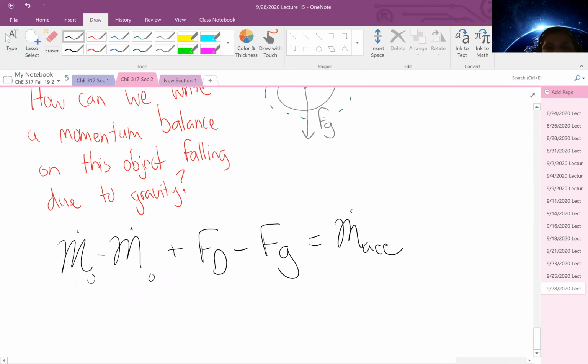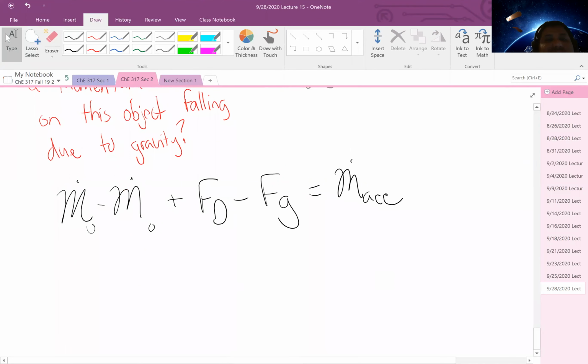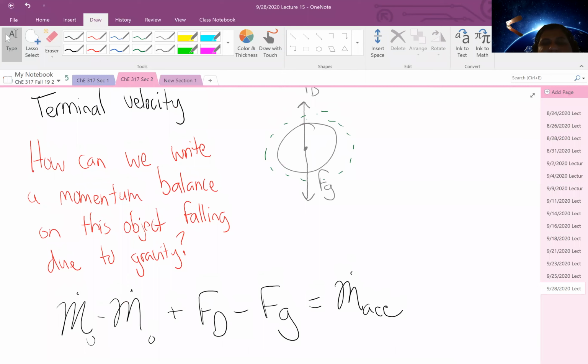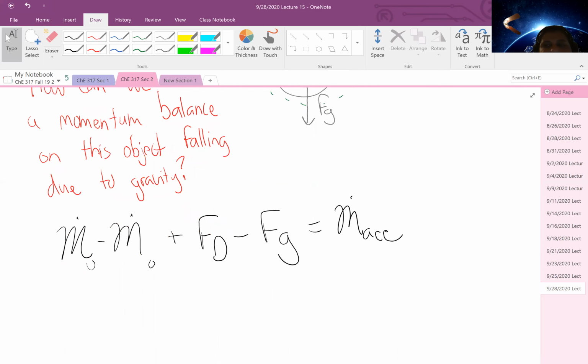All right, I like that. So which of these terms can we neglect, assuming this system is our object? There's no momentum accumulating. You are right.